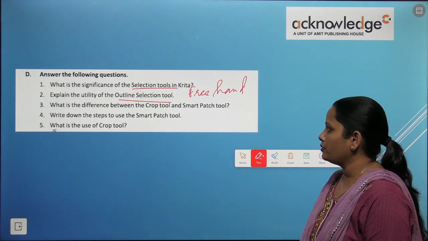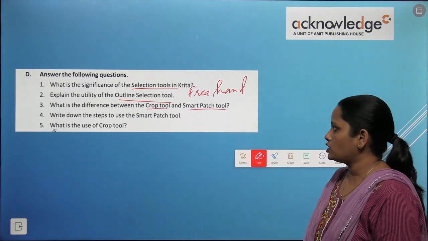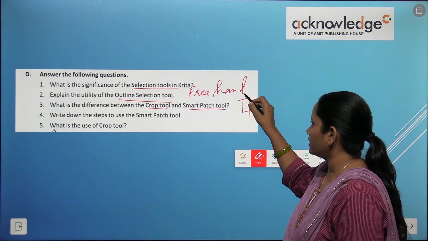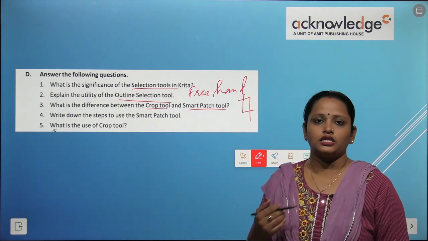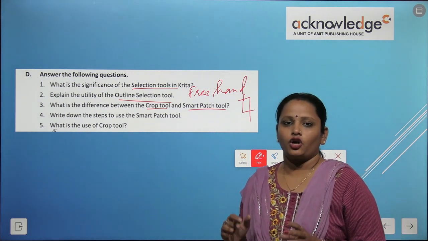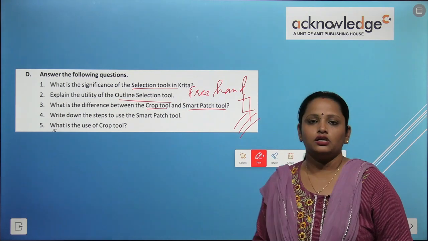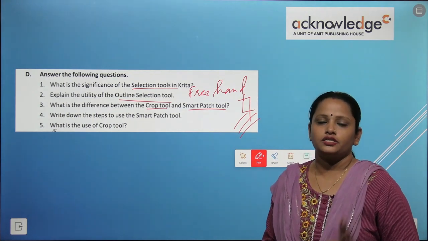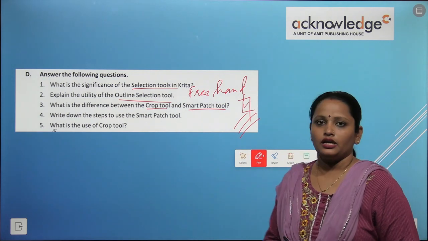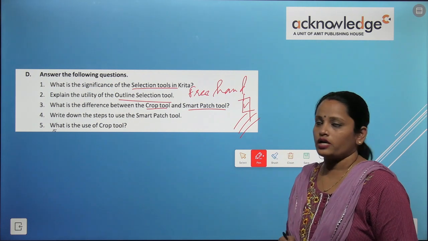Now, what is the difference between crop tool and smart patch tool? So we know this crop tool looks like this. By this we can crop the picture, and after cropping, what will happen? The outside part of the picture will not be seen to us. Only the selected area will be available for us, and that will be seen to us.